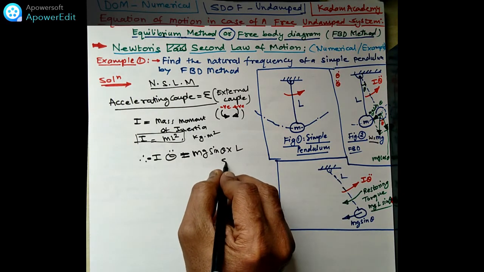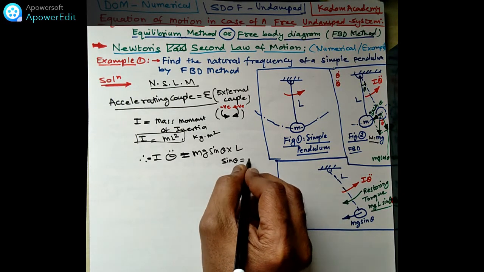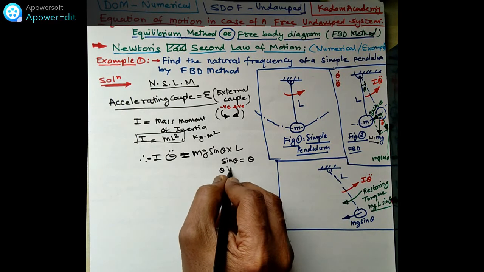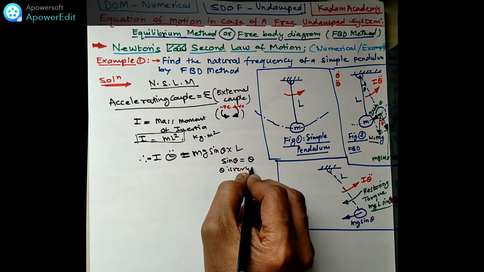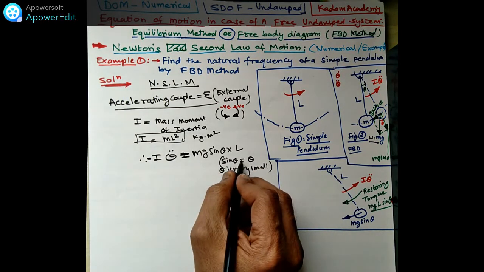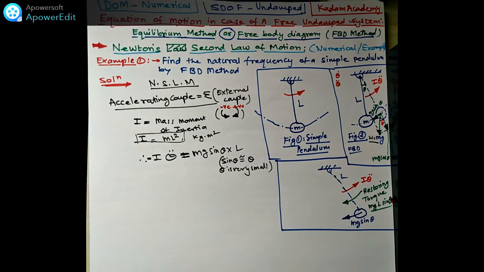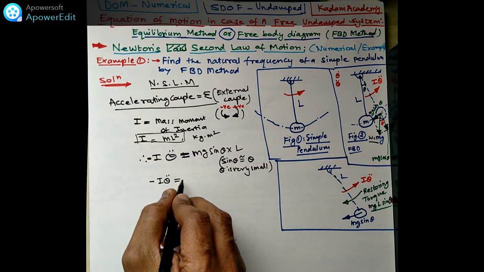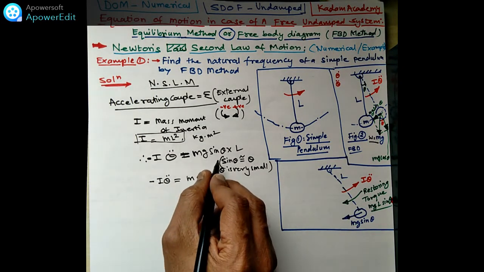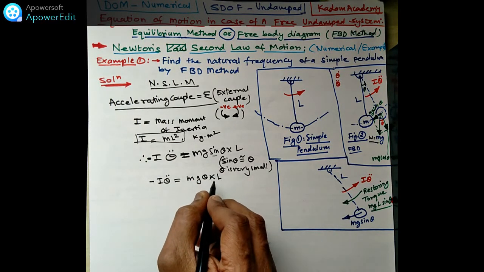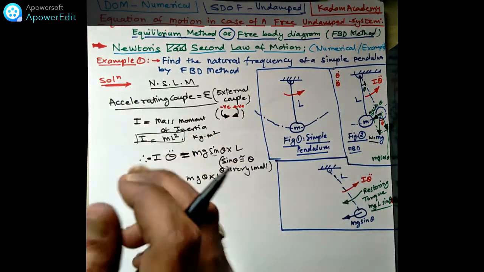Here, sin theta, I will take as theta because the value of theta is very small. In this case, sin theta becomes nearly equal to theta. So I will write minus I theta double dot is equal to mg theta into L, where L is the length of this string.